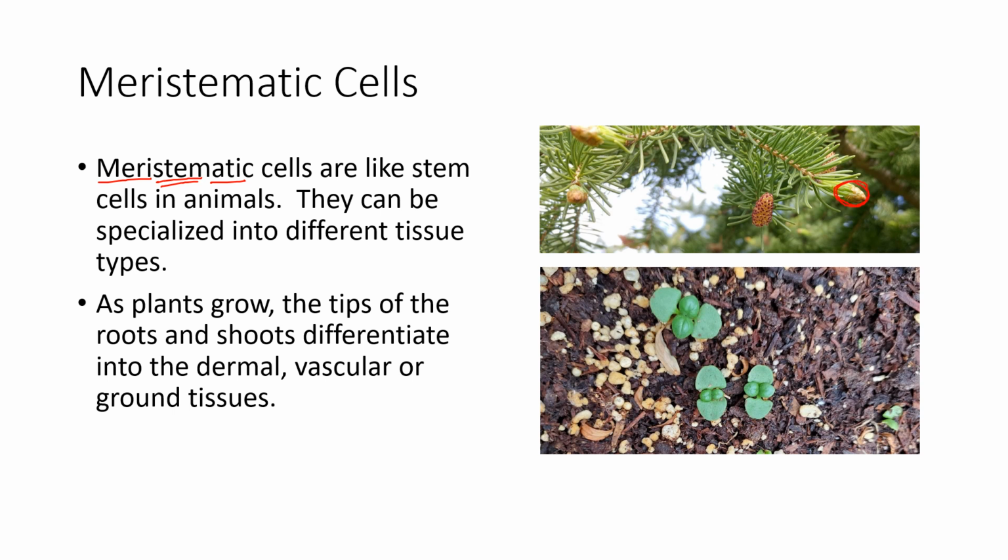So at the tips of the growing shoots, you'll definitely find meristematic tissue, and also underground at the tips where the roots may be growing into the soil would be meristematic as well. And so just like the stem cells in an animal, these are undifferentiated cells that after a while, chemical signals cause them to differentiate and become either a ground tissue or dermal tissue or one of the vascular tissues.